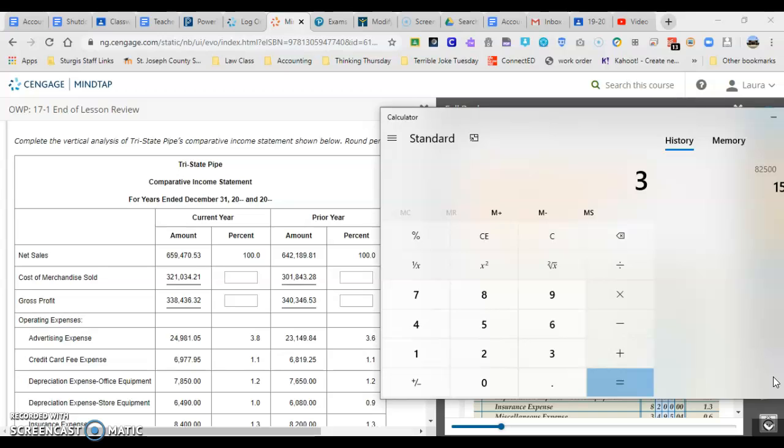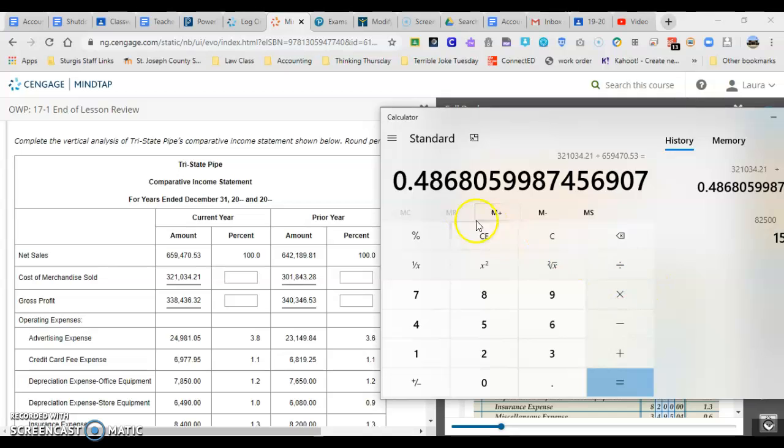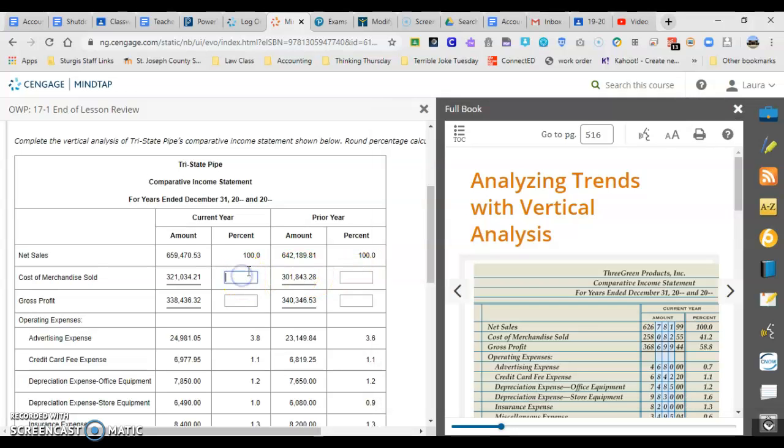So in this case, we take 321,034.21 divided by 659,470.53, and then you get a percentage. You move the decimal over twice, or you can multiply by 100. 48.7 is then our cost of goods sold percentage.